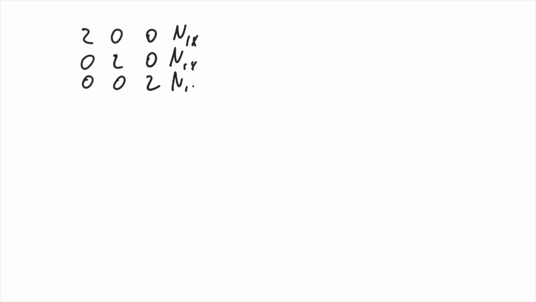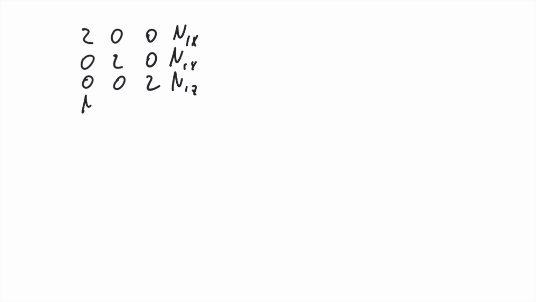You just write them in matrix form and you solve them using Gauss-Jordan elimination. So in matrix form, the previous equations are just 2, 0, 0, 0, 2, 0, 0, 0, 2. And then you have n1x, n1y, n1z.